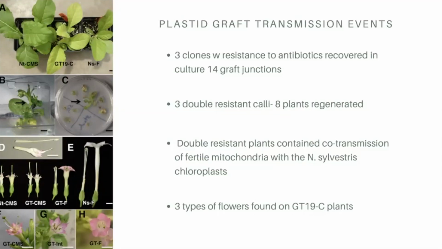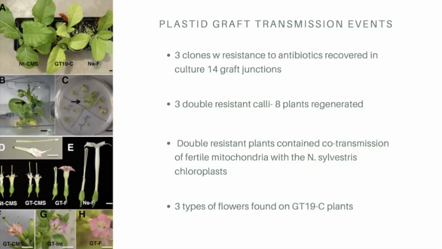The fertile N. sylvestris, labeled as NSF, graft partner carried 2 plastid markers. The first was selectable spectinomycin resistance, the aminoglycoside 3 adenyl transferase, also known as the AADA gene. And the second was a visual leaf color gene, which is depicted in figure 1A.